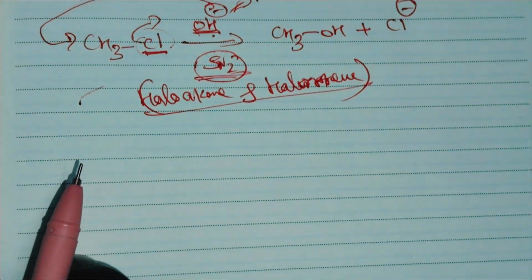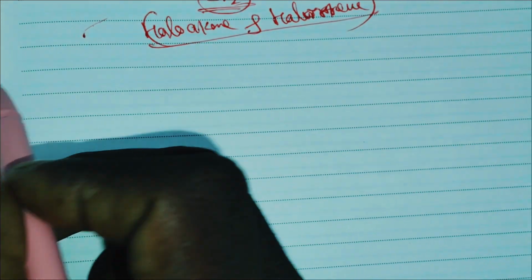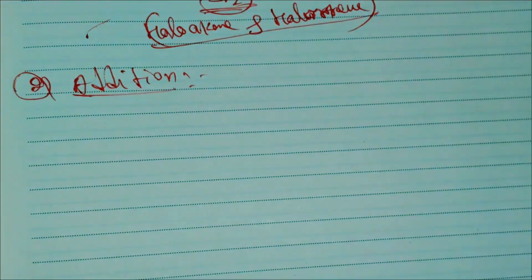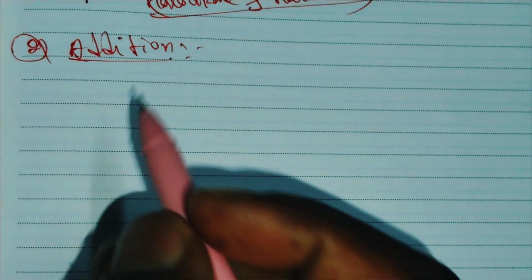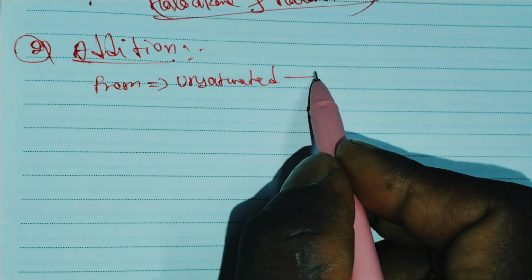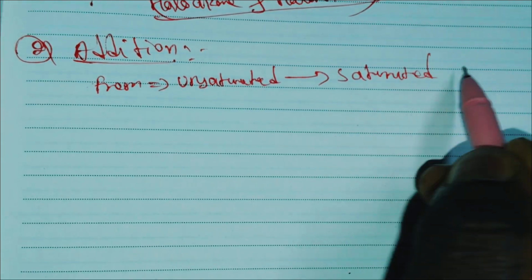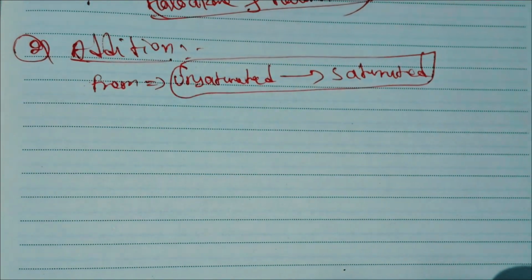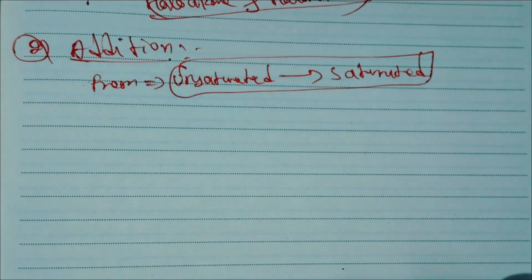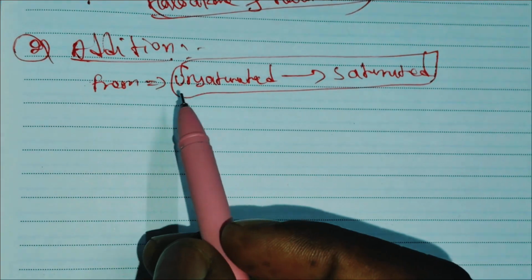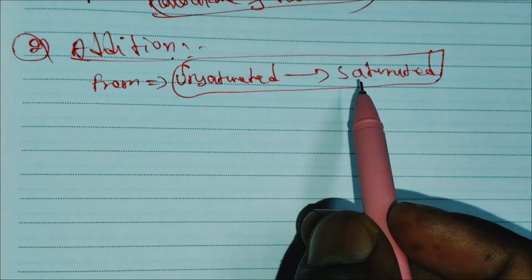Then next we go to another type of reaction, the second category, the addition reaction. In an addition reaction, an unsaturated compound is converted into a saturated compound. The double bond and triple bond are converted to a carbon-carbon single bond, meaning unsaturated hydrocarbon is converted to saturated.